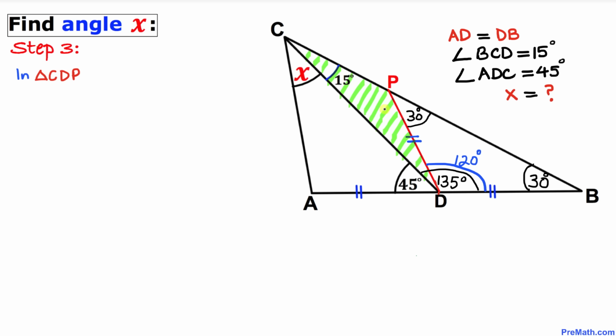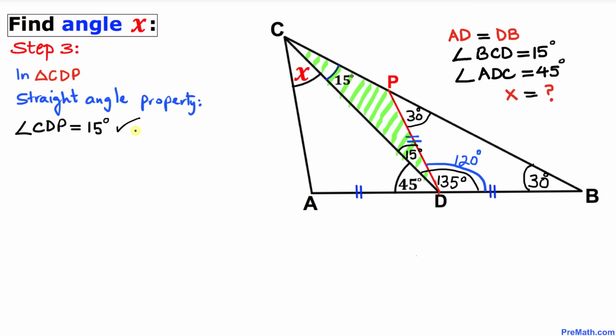And now let's focus on this triangle CDP. We can see that this angle is 135 degrees and this angle is 120 degrees. So their difference, this angle, is going to be 15 degrees. So therefore our angle CDP turns out to be 15 degrees.